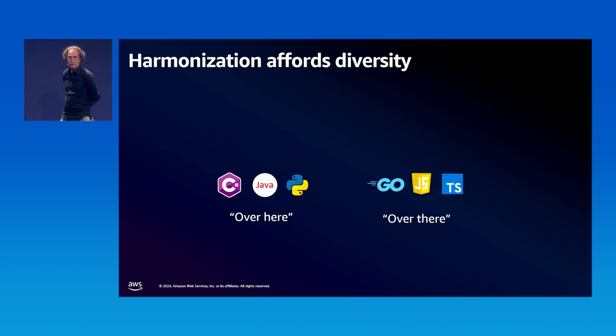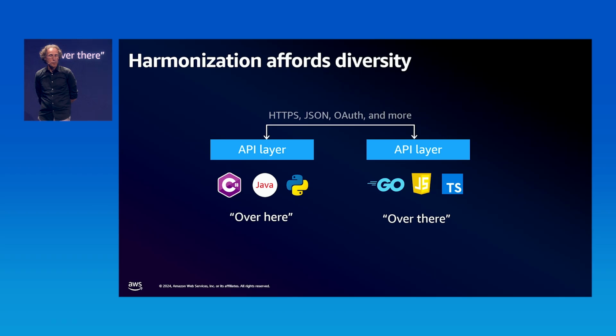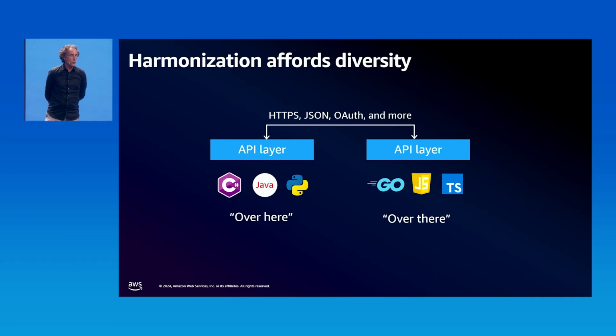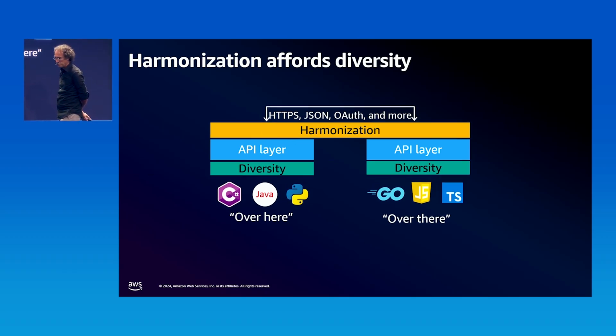As architects, we know how we can accommodate that. We accommodate that by putting a common layer on top, right? You fix the protocol, you say this is HTTPS, OAuth, JSON, whatever have you, and now you are able to hide this diversity under a common layer.